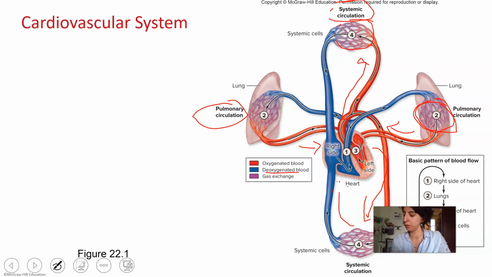Deoxygenated blood is not blue. And it carries deoxygenated blood from the heart to the lungs, to these capillary beds, where we pick up oxygen and deliver it back to the heart. Okay, so two types of circulation within the cardiovascular system: pulmonary circulation and systemic circulation.